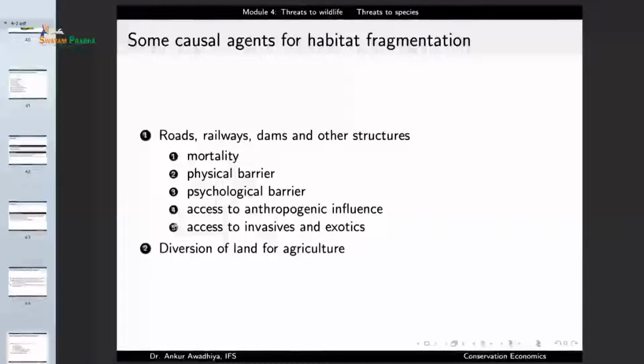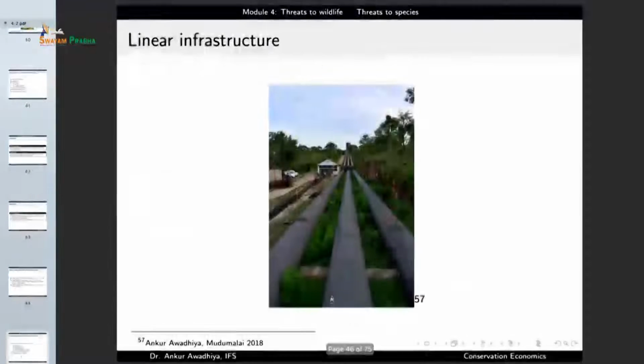So either this animal gets hit, or in certain cases, it is so afraid that it does not cross this area because it acts as a psychological barrier. Then structures such as roads and railways also increase access to human influence, and they increase access to invasive species and exotic species. Other causal agents for habitat fragmentation include diversion of land for agriculture.